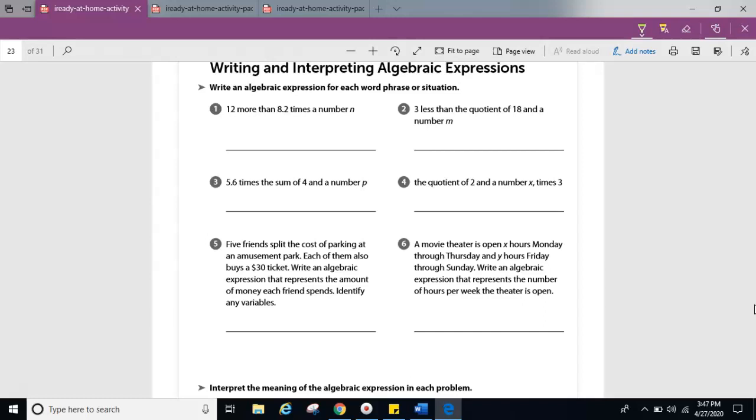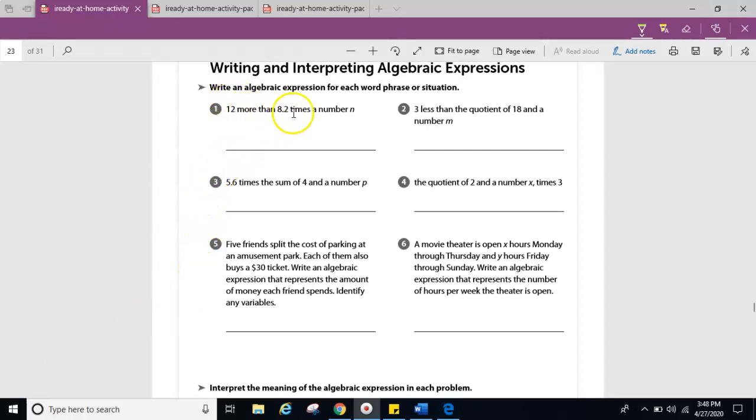Remember that our variables are our letters that are in place of a number until we figure out what that number actually is. So in the first one, our variable would be the number n. We don't know what it is yet, so we are placing an n in for it.